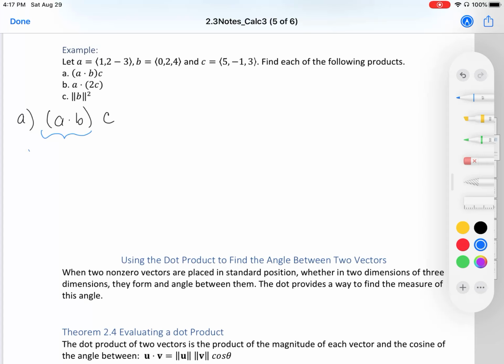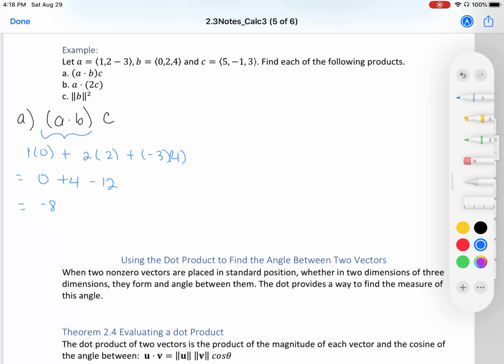So we'll multiply 1 times 0 plus 2 times 2 plus -3 times 4. This gives us 0, 4, and -12. And when we add them, we get -8.